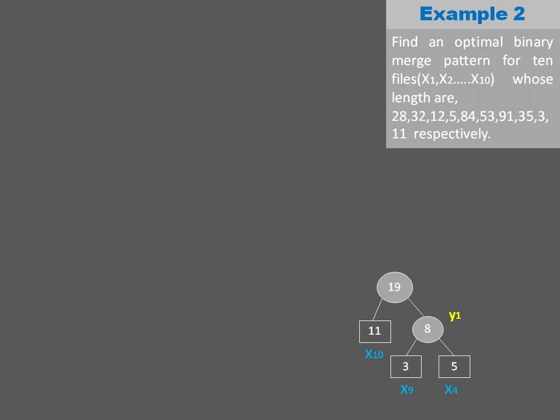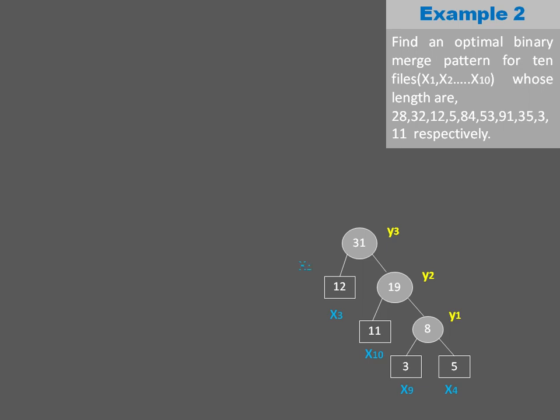Whatever file we get here, we name it y2. Now this y2 is merged with x3. x3 contains 12 records, so our sorted file will contain a total of 31 records. This file we name y3.